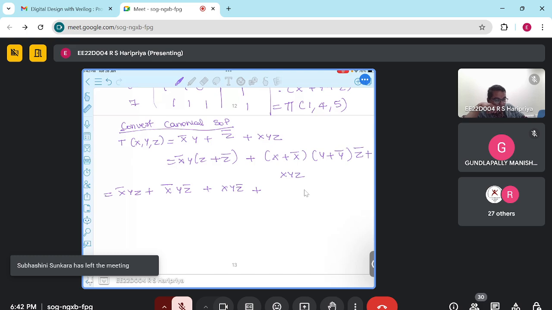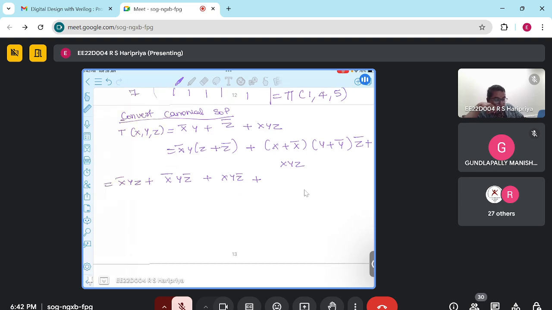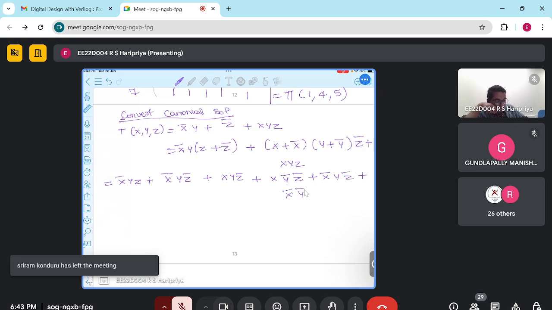So I have distributed: x bar y z plus x bar y z bar plus, now this term I am distributing, x y z bar, next x y bar z bar plus x bar y z bar plus x bar y bar z bar plus x y z.